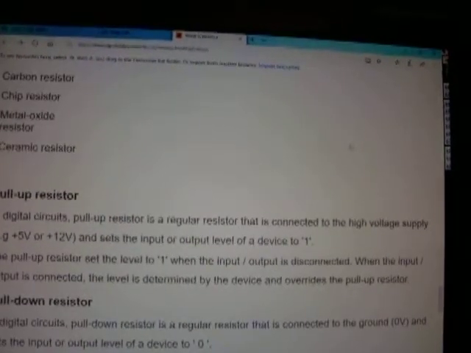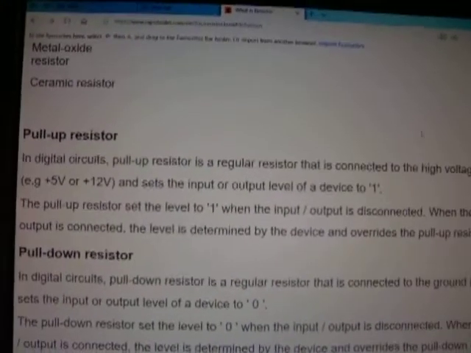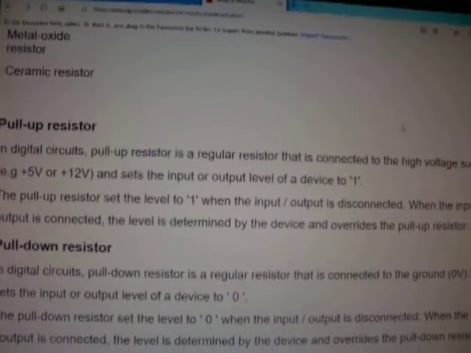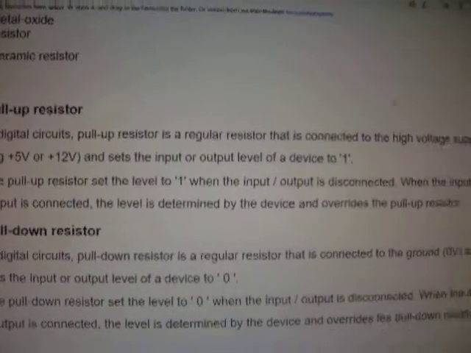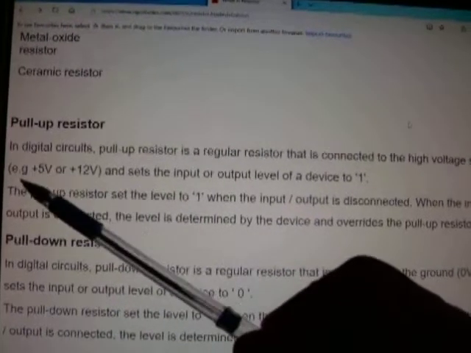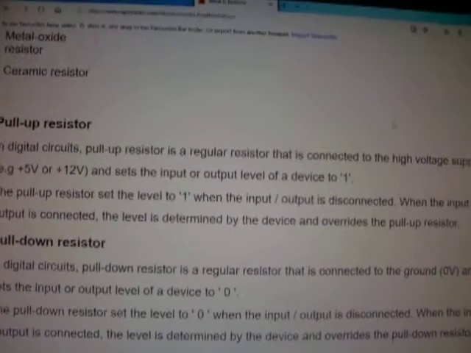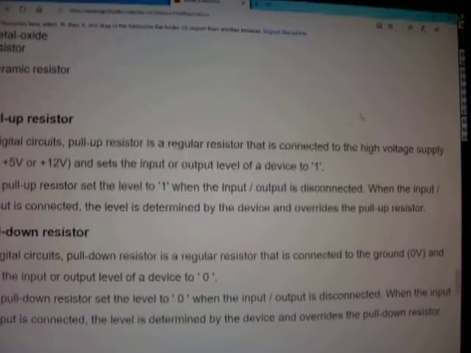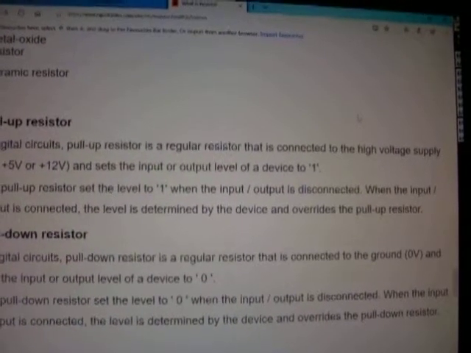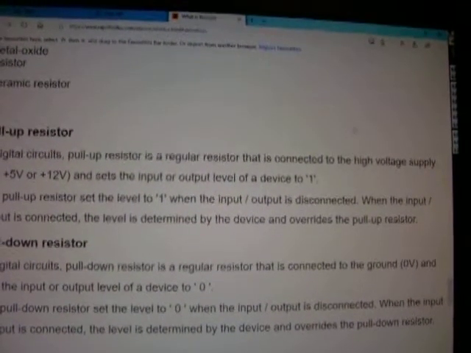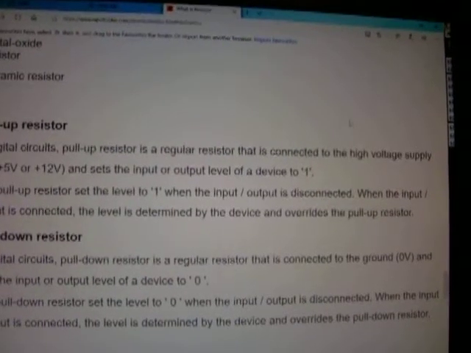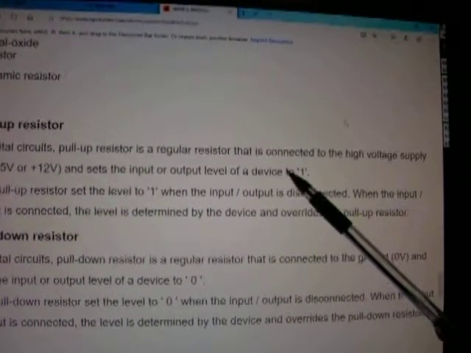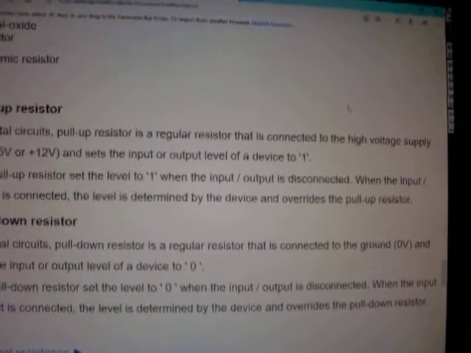And here we have pull-up resistor and pull-down resistor. What we're saying here in regards to a pull-up resistor, in digital circuits, is that a pull-up resistor is a regular resistor that is connected to the high voltage supply, for example 5 volts or 12 volts, and sets the input or output level of a device to 1.